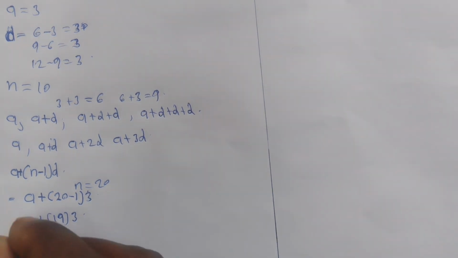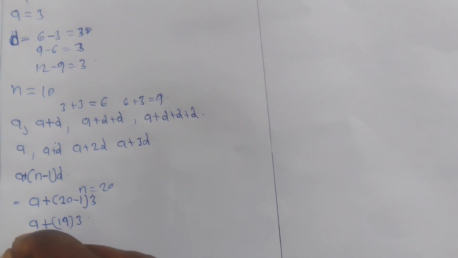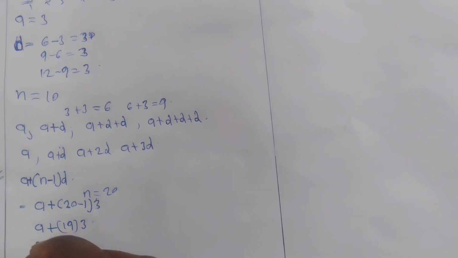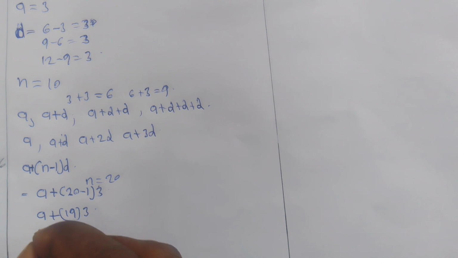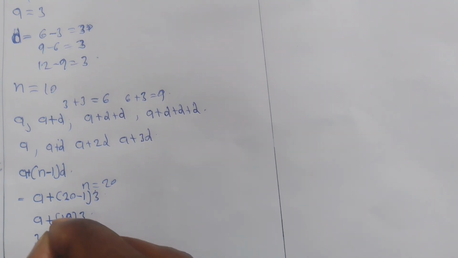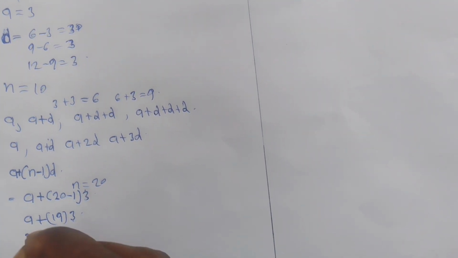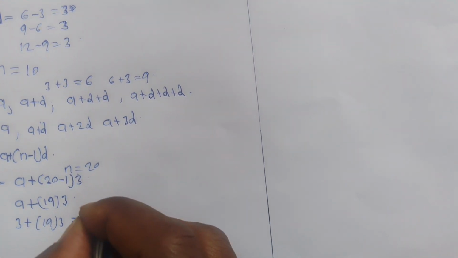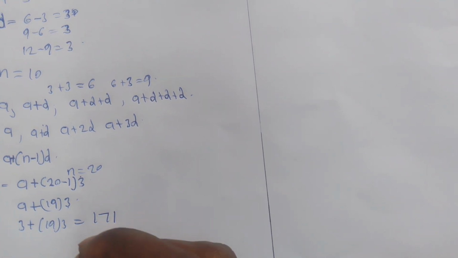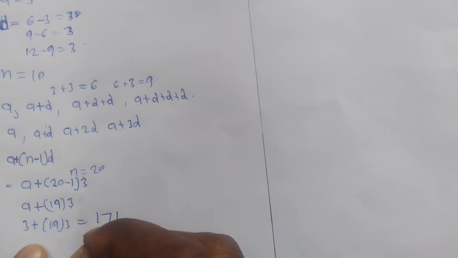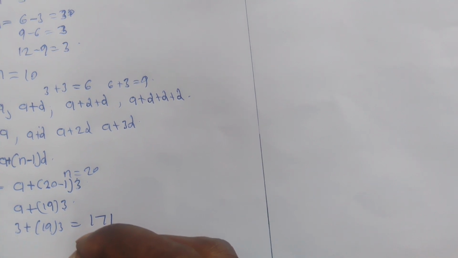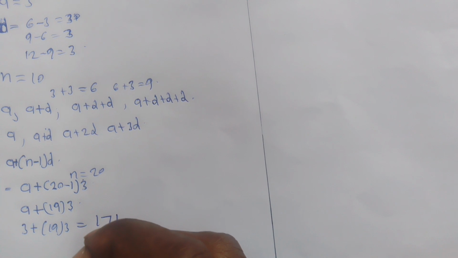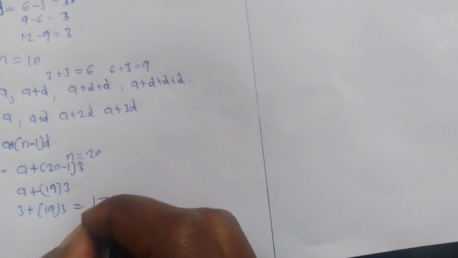That will be 3 plus this one times this one. If you add them, 19 multiplied by 3, that will give you 171. And that is the 20th term.